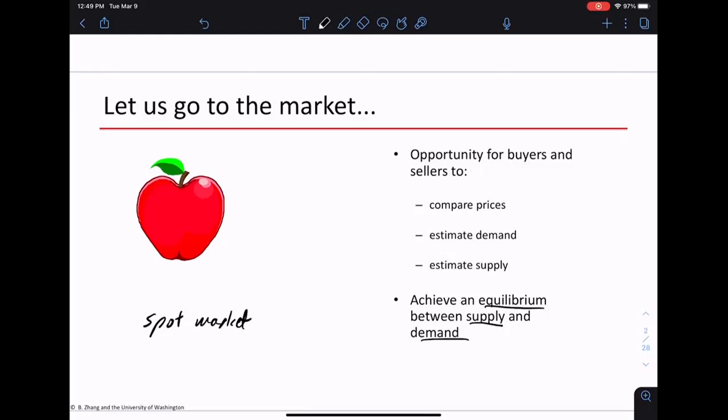It doesn't matter who's selling it or who's buying it. For a single commodity, it's the same price. This is what commonly happens in commodity markets and stock markets, where it doesn't matter who's holding the stock, the sale is at the same price for everybody. So this is what I mean by spot market.